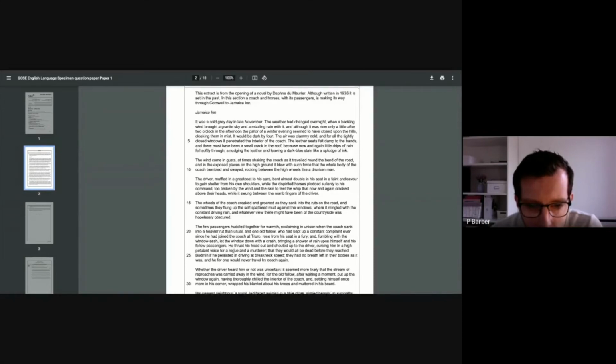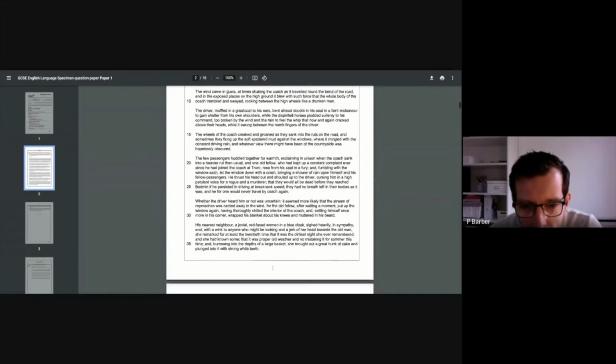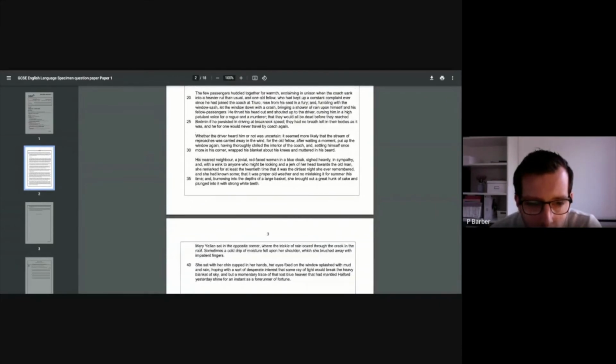We have a jovial woman in a blue cloak sighing heavily in sympathy and then getting on with her basket and eating the cake. And then finally, we have the introduction of Mary Yellen, who is the only named character within this extract. Now, that could be considered significant because this is probably our most important character.